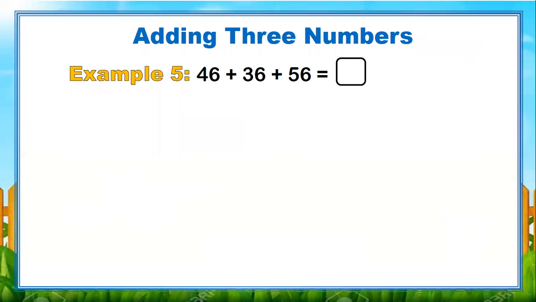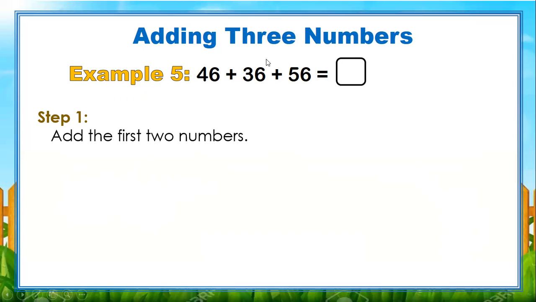All right. Now let us add 3 numbers. So how do we add 3 numbers? Okay, step 1. Add the first 2 numbers. So in our example here, 46 plus 36 plus 56 equals unknown.